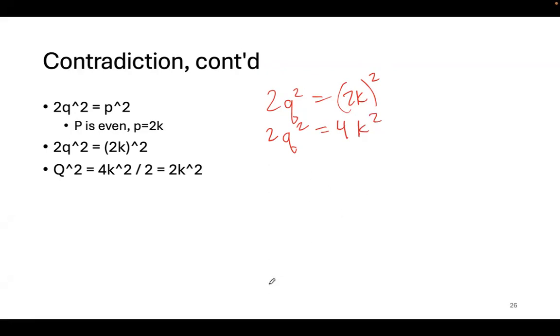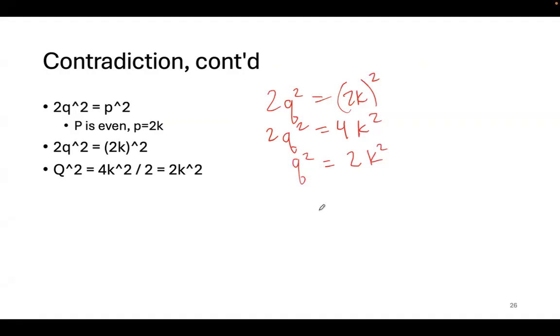And since last time we tried isolating p, now let's try isolating q. If we divide both sides by 2, then we get q squared is equal to 4 divided by 2, which is just 2k squared.